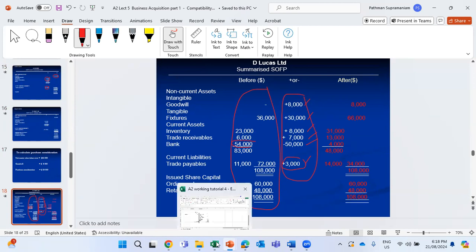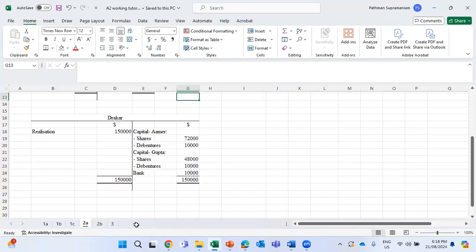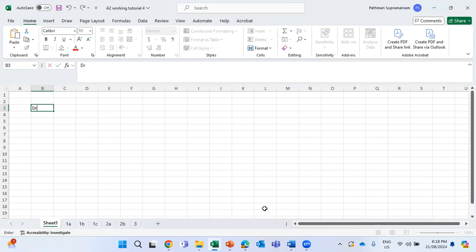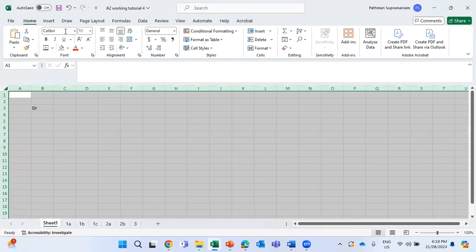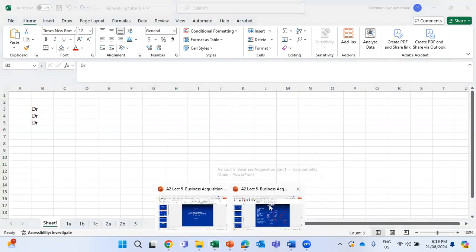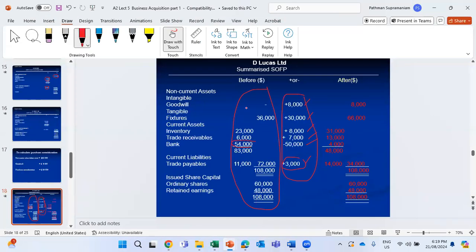Now, usually I will tell students this. It's a good idea that we are able to record what is taken over in journal form. So once again, let me show you. What the buyer takes over is the seller's fixtures, inventory, trade receivable.